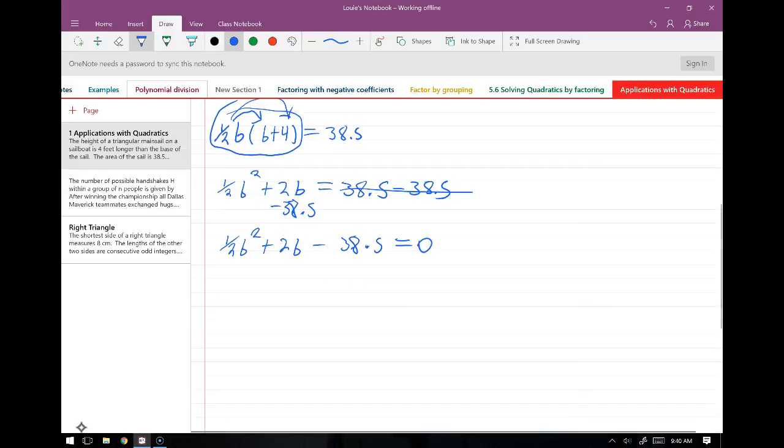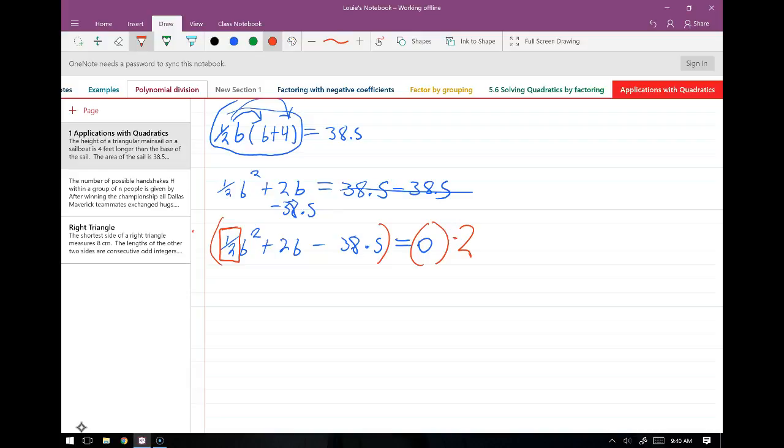So now we need to factor this thing. But there's something about this problem that we don't really like, right? When we talk about factoring stuff, this is going to throw a little bit of a monkey wrench in our plans. We could still factor it, but it's just going to be a pain. It's a pain to factor 1/2. You'd have to break it up into 1/4 b and 1/4 b. So what we're going to do is get rid of that fraction by multiplying everything by 2.